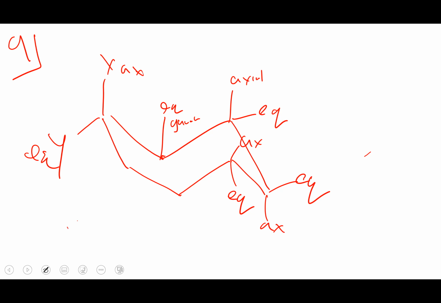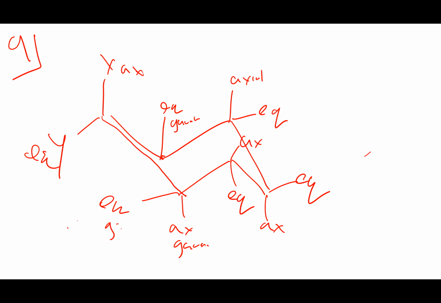I'm going to erase that. That looks like there are two lines there or two carbons, so it's not. I'm going to have axial and gauche here. I have equatorial and gauche. And here I forgot this one.